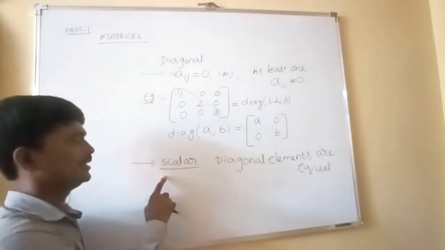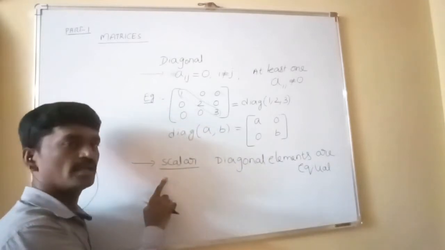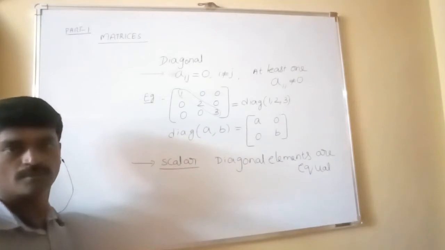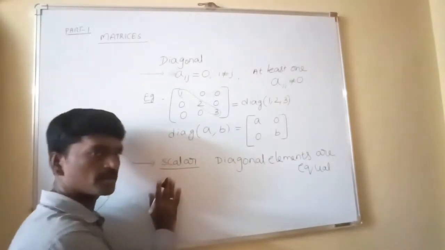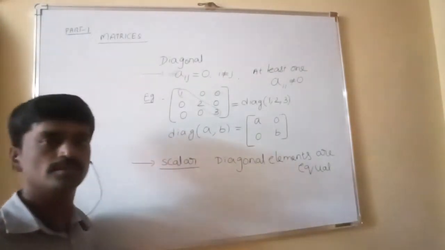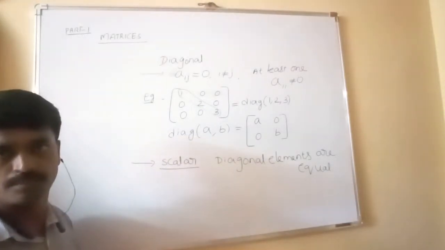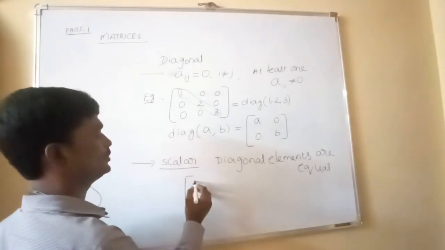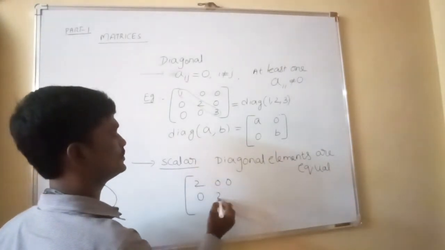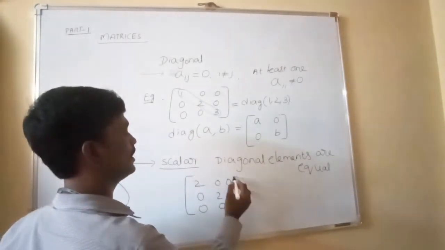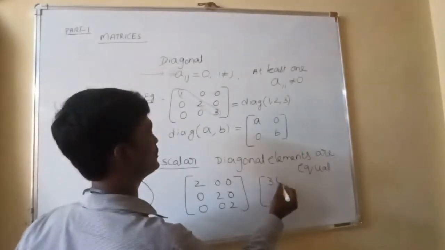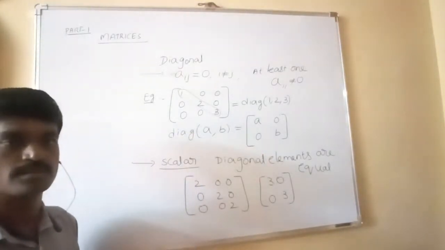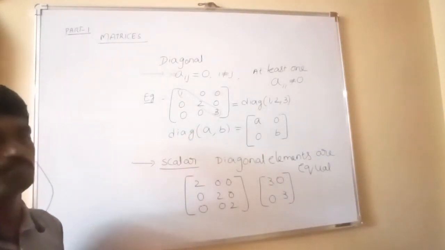That means it is a square matrix in which non-diagonal elements are equal to 0 and diagonal elements are the same and not equal to 0. Example: 2 0 0, 0 2 0, 0 0 2, and one more example 3 0, 0 3. So it is a scalar matrix. This is the definition of a scalar matrix.